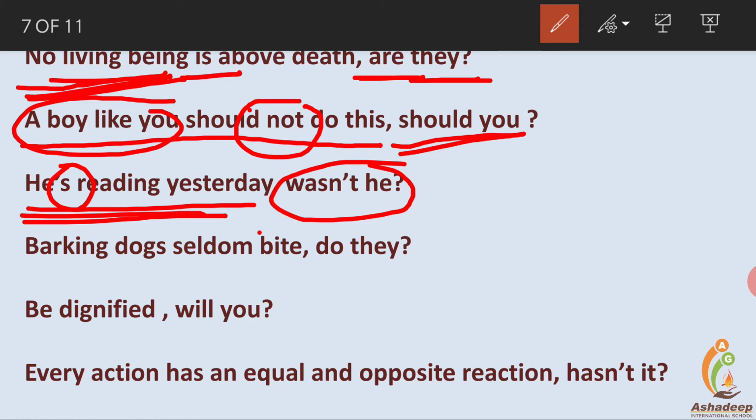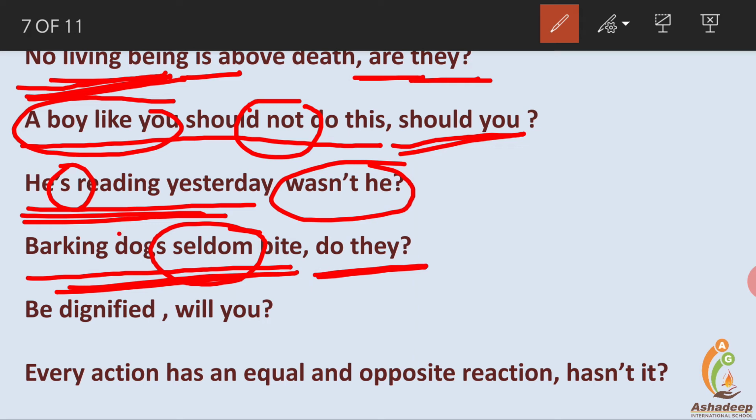Barking dogs seldom bite. Friends, seldom presents negative meaning, it produces negation, and that's why this sentence is considered negative. The question tag will be positive. Barking dogs is plural, so they is the pronoun used for this. Do they, it's the question tag used for this.